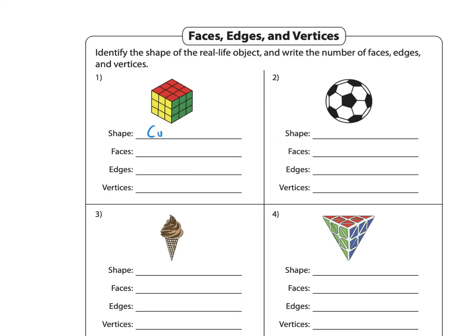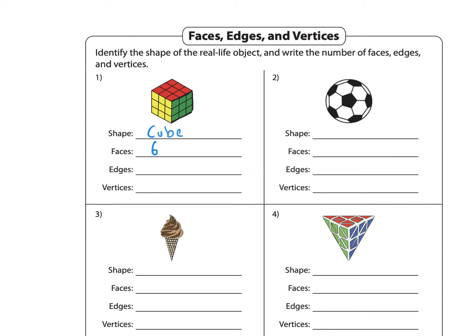Let's take a look at our shape here. This is a cube. It's a little hard to see, so remember how we talked about in class, if you go get a cube and look at it, right? We know there's a face on the top and the bottom, and 4 around the sides. Now let's talk about the edges. Remember, the edges are where the two faces meet.